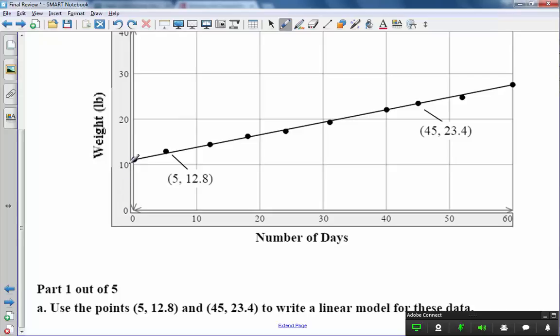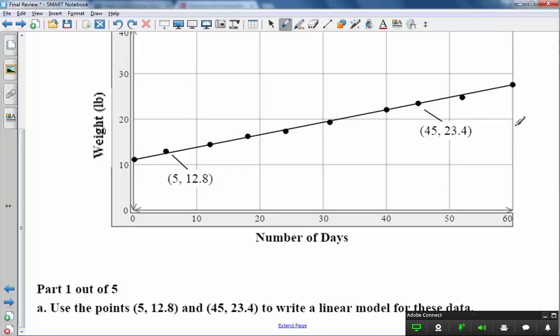This is day 0, about 11-ish pounds. Day 5, you have the exact recording, 12.8 pounds. Day 10, I have nothing, but I can estimate it. The only thing I know for sure is at day 45, 1.5 months, she grows to 23.4 pounds.